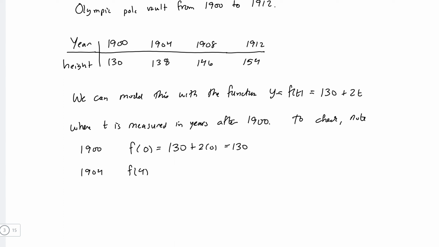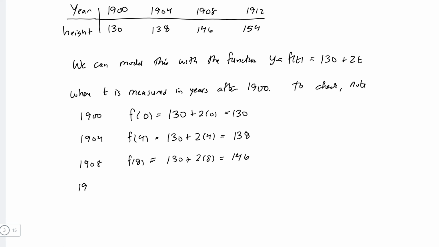F of 4 corresponds to 1904, so this is 130 plus 2 times 4, and this gives me 138. 1908, f of 8 is 130 plus 2 times 8, which is 146. And finally, 1912, this is given by f of 12, which is 130 plus 2 times 12, which is 154. So you can see this function exactly models every data point that we have.